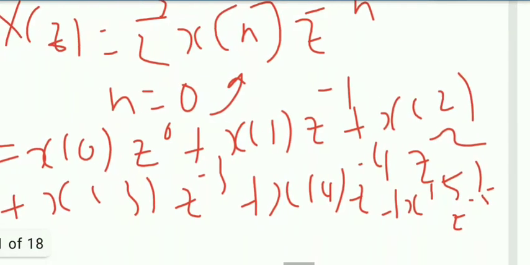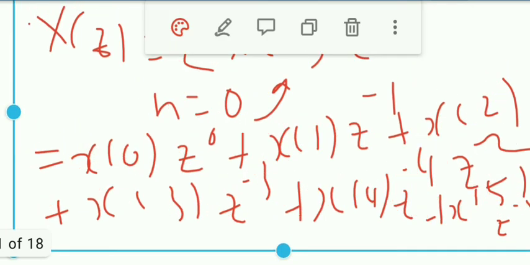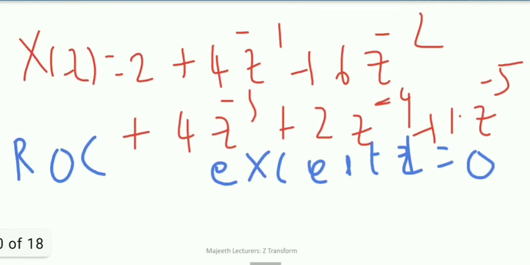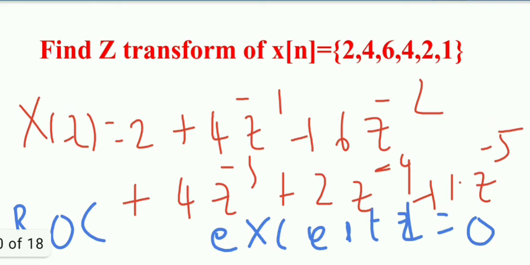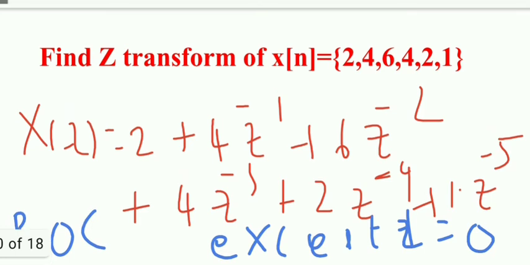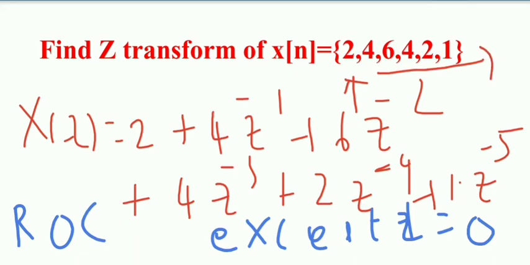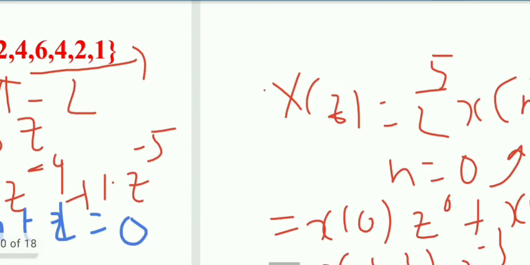So you see this problem, the problem number 1, it is purely a right hand side signal because all the samples have positive n. So for a right hand side signal, ROC is everywhere except at z is equal to 0.